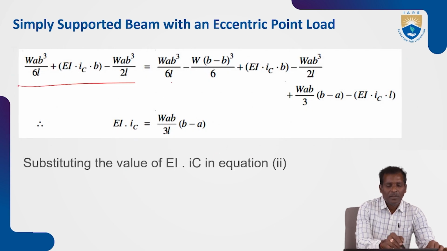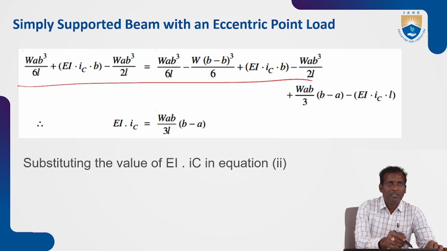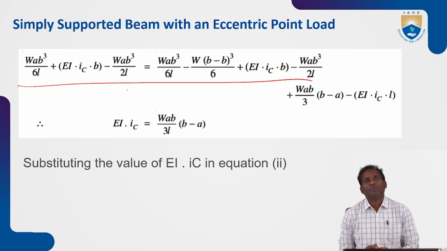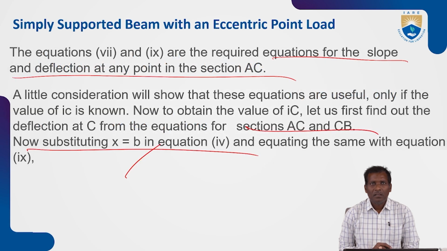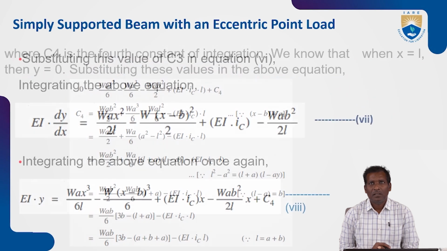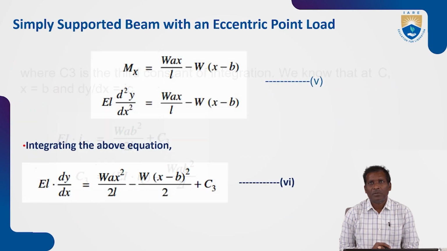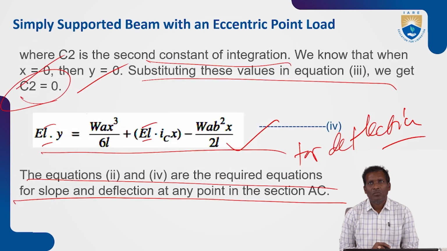See here, Wab cube by 6L plus EI into θC into b minus Wab cube by L. This equation, substitute b in equation 4. Equation number 4, this one.